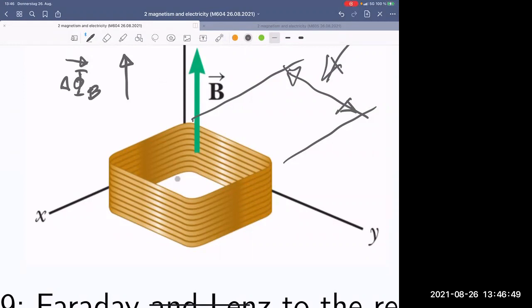The conductor doesn't like the change in its cross-sectional area, right? So it has to generate the induced B in this direction.